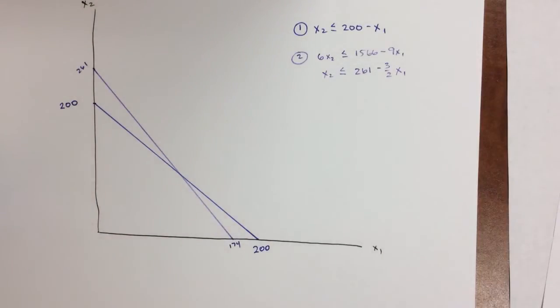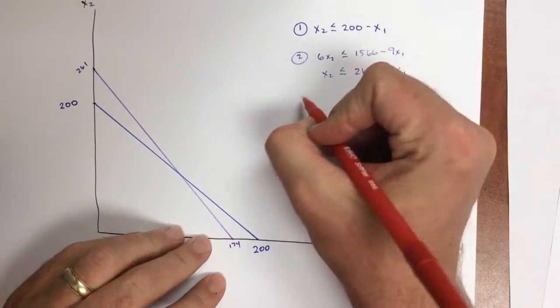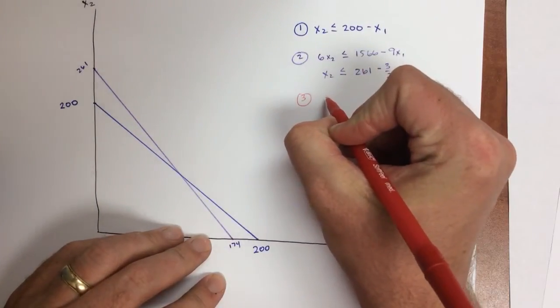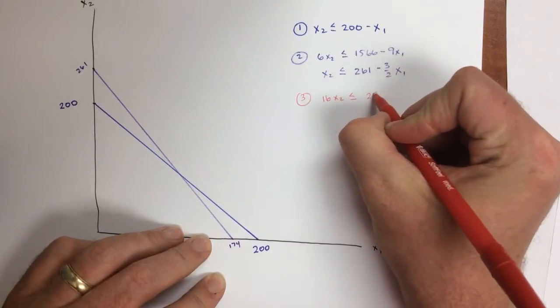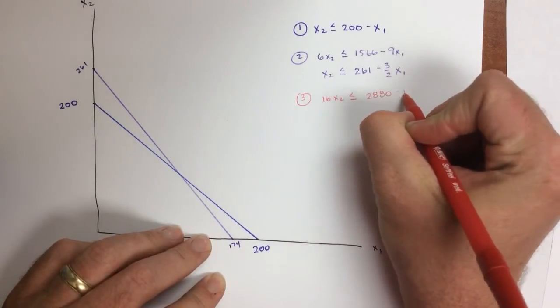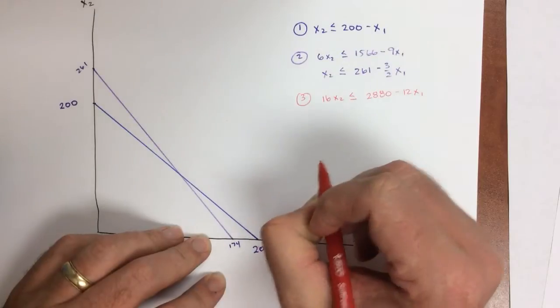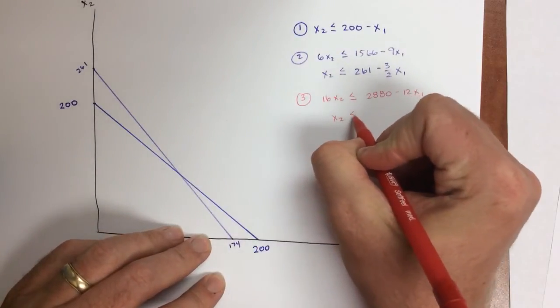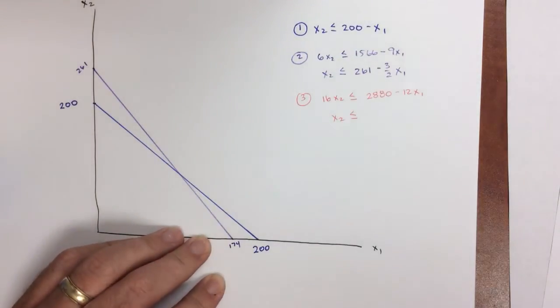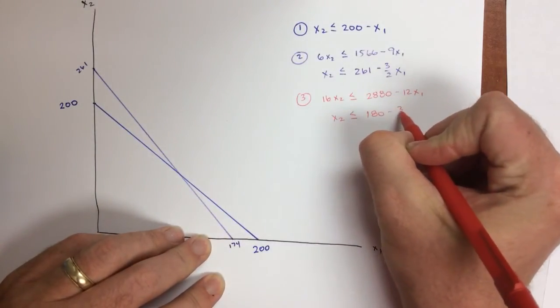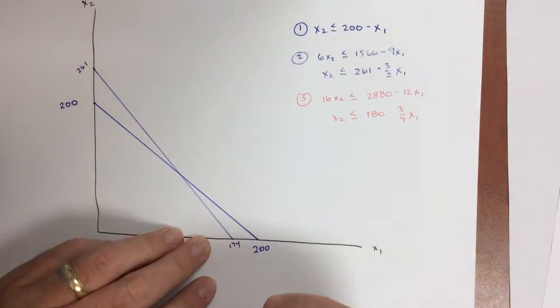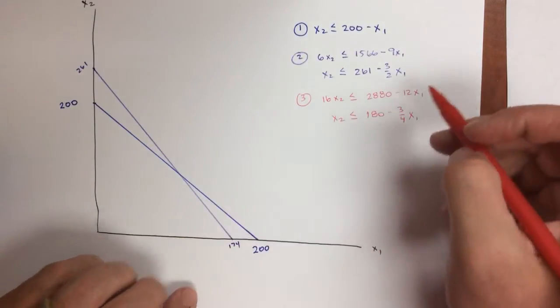Let's look now at our third constraint. Our third constraint was 12x1 plus 16x2. So I'll get 16x2 is less than or equal to 2880 minus 12x1. I divide by 16, so x2 is less than or equal to 180 minus 3/4 x1. So I graph that out.